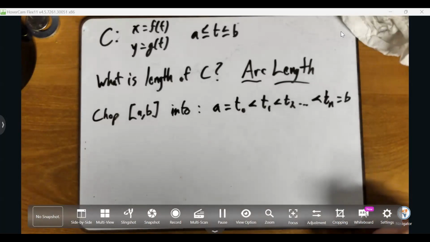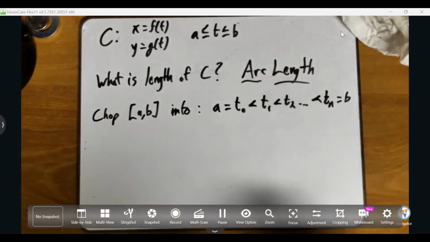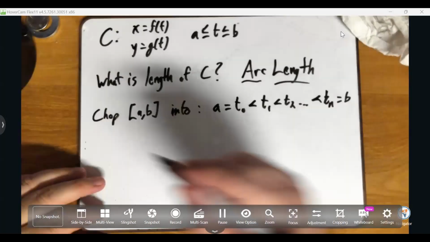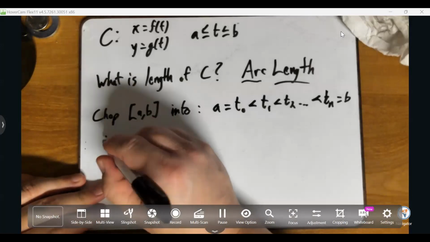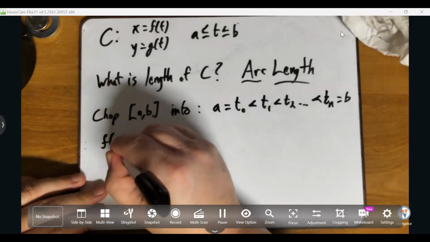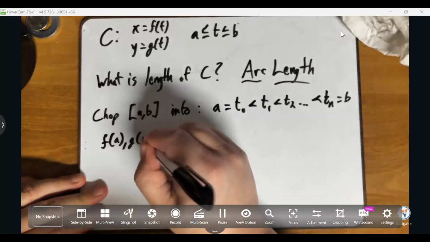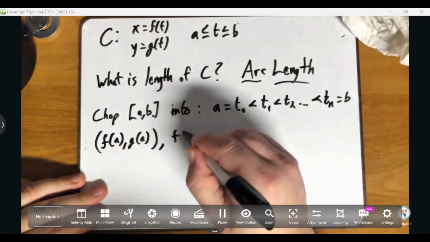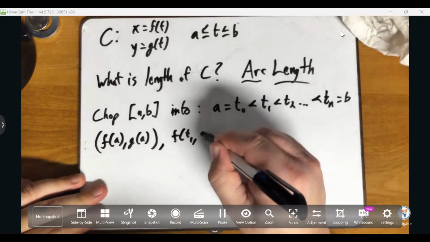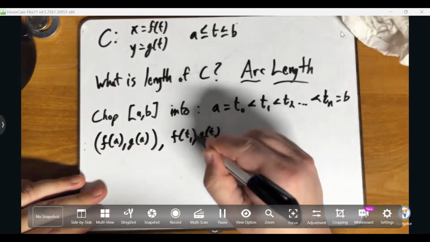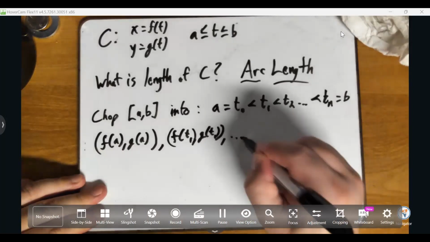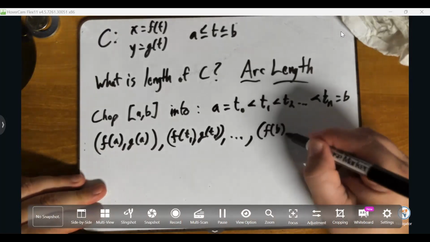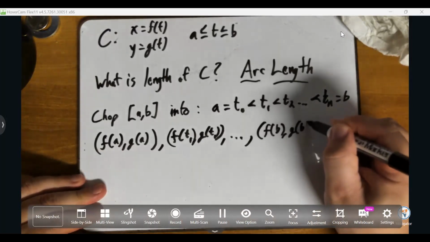And we're going to evaluate that curve at each of those pieces of the interval. So I'm going to look at the xy coordinates, and that's going to be f of A, g of A, then f of t1, g of t1, and so on until I get to f of B, g of B.